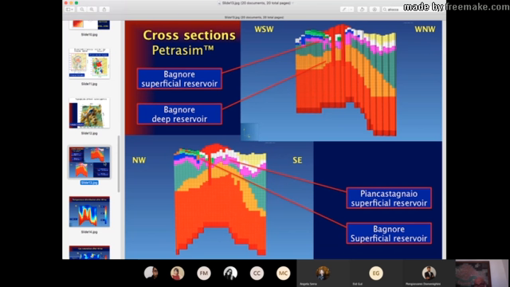Supercritical CO2 means that it has the behavior of a gas, in practice the very low viscosity of a gas, but it has the density of a liquid, much higher than a gas. In this particular case, the density is in the order of 200, 300 kilograms per cubic meter.